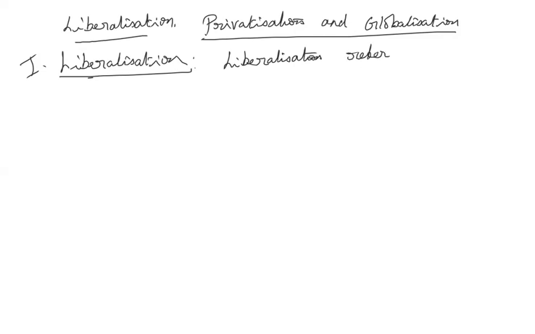So liberalization refers to the removal of all unwanted restrictions. So there were too much of formalities. If the private sector has to open a project or the private sector has to start a business or start an industry, there was too much of restrictions in our country.